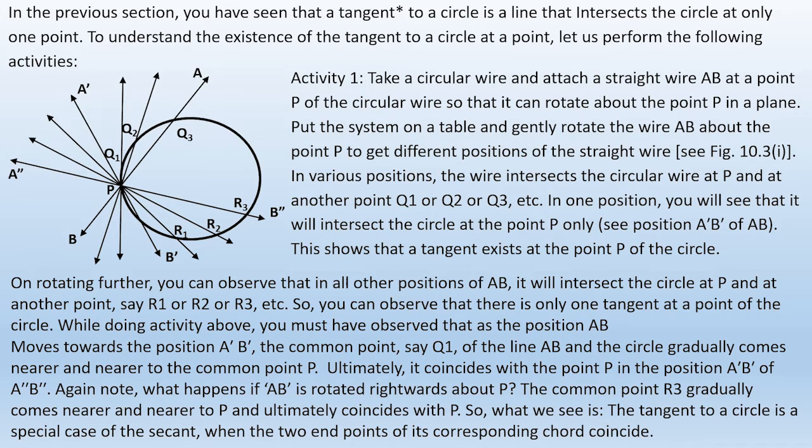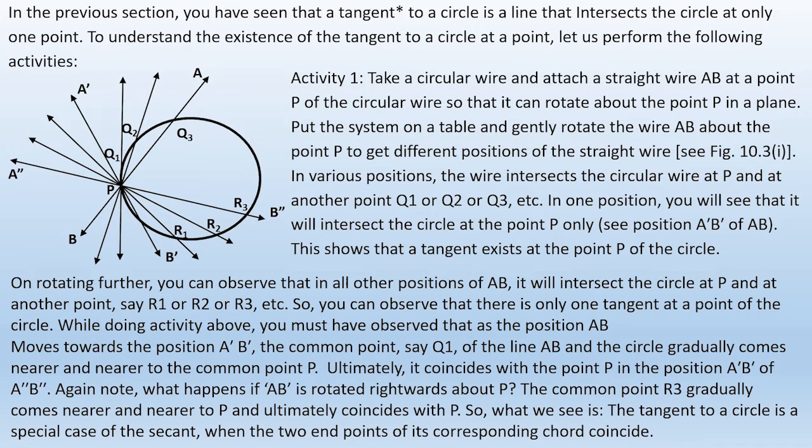As you continue to rotate, you will see that all the other locations of AB will intersect the circle at P and another point such as R1 or R2 or R3 and so on. As a result, you can see that at any point of the circle there is only one tangent.